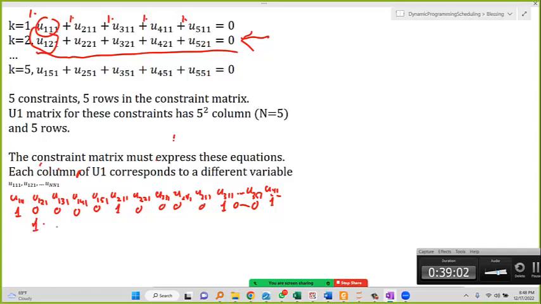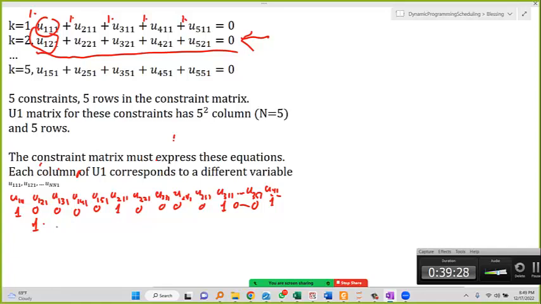We started with U1, 1. Okay. Then U1, 2, 1. Right. Just read down the row. Straight down the row.